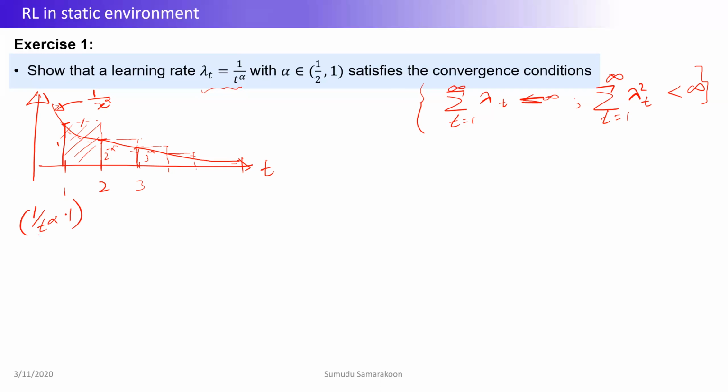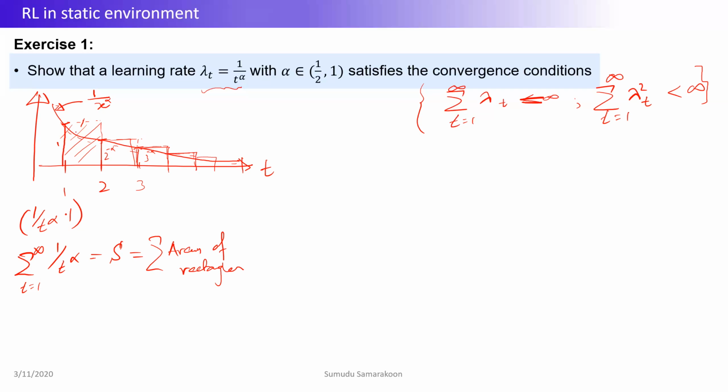So our summation of 1 over t to the power alpha, t equals 1 to infinity, if I consider this as S, is equal to the sum of areas of all the rectangles, right? I guess this could be given as the summation of all these rectangular areas.